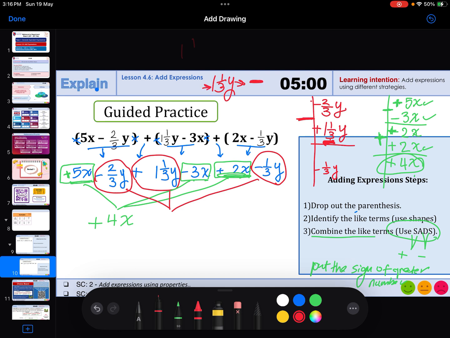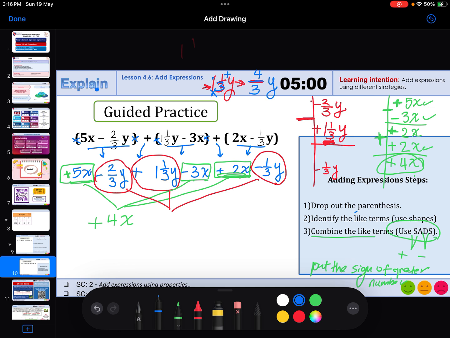I need to use the method where I multiply the whole number with the denominator. So 1 times 3 is 3. Then add it to the numerator. 3 plus 1 is going to be 4 over the same denominator 3. Of course, y.